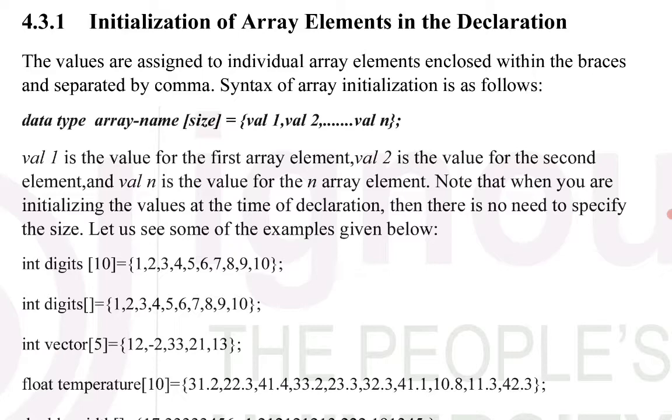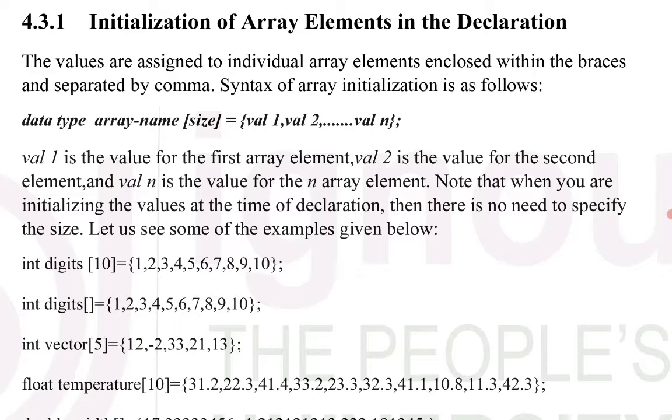Here the data type is int, char, float, like that. Array name is the name of the array. Within brackets is the size, which means the maximum size of the array.